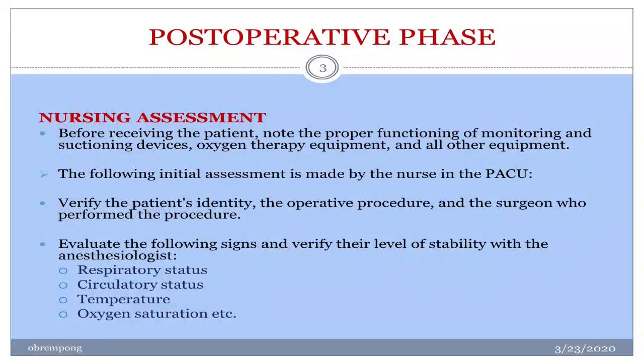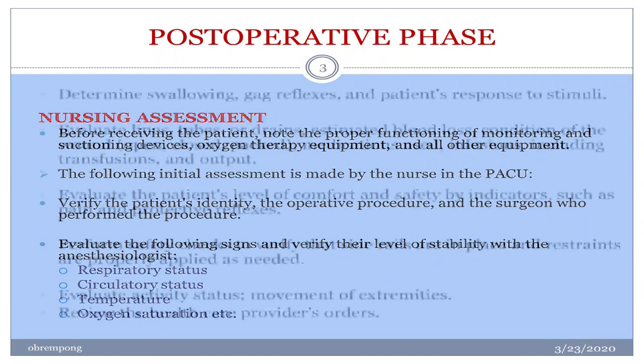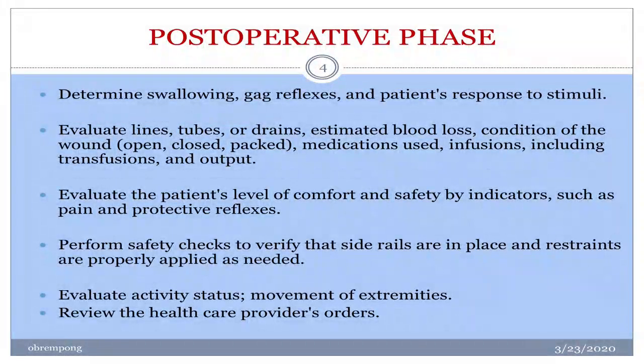Respiratory status: if the individual has established a proper respiratory status, the person is breathing well. Circulatory status, and we're looking at temperature, and that's why we said normothermia. Normothermia means that you want to establish a normal temperature for an individual. When all these things are fluctuating, it's supposed to be reported. So that is what the nurses are supposed to do an assessment on.